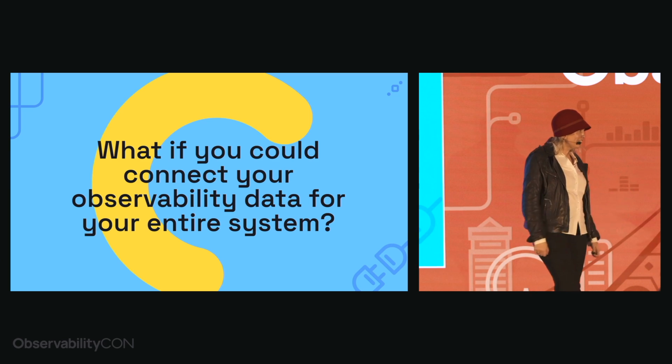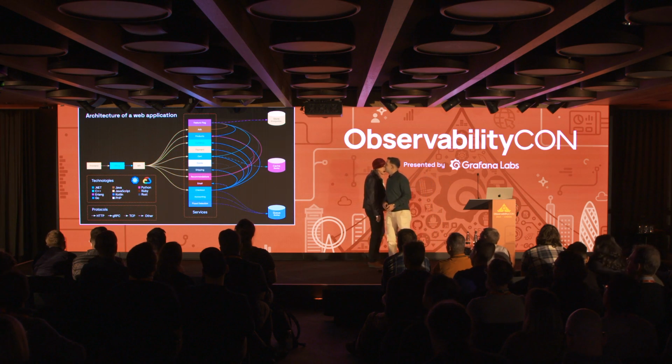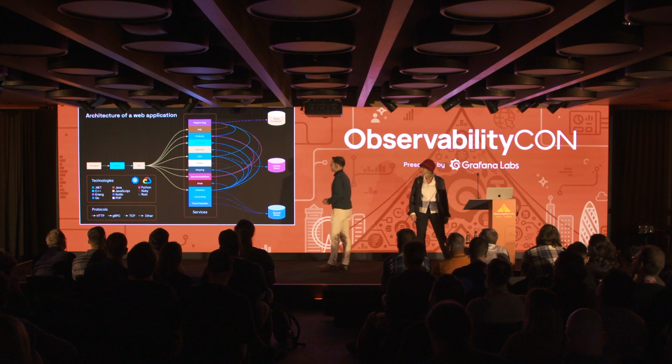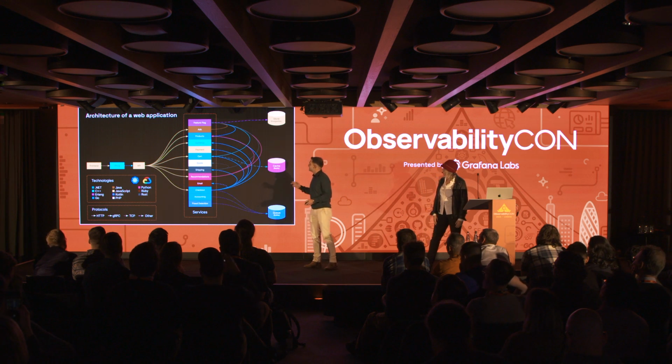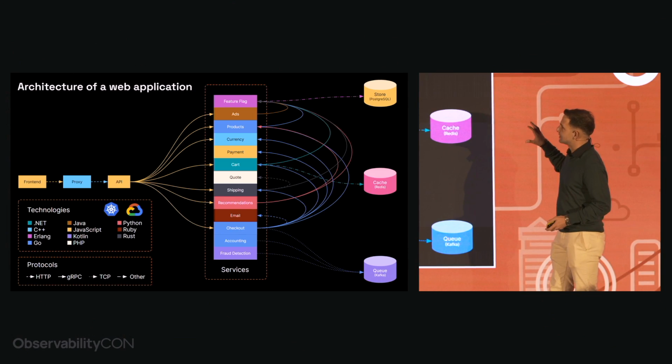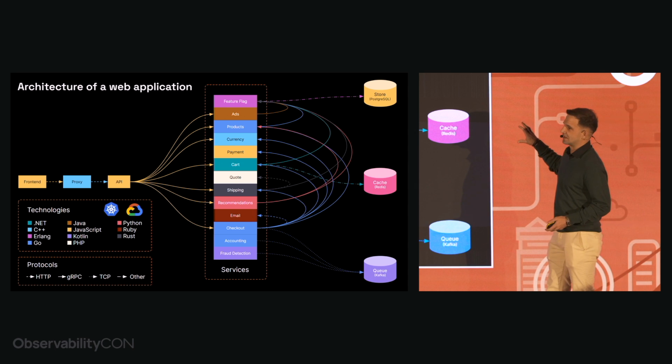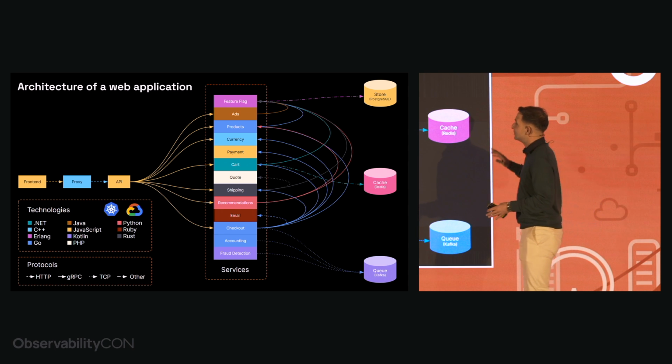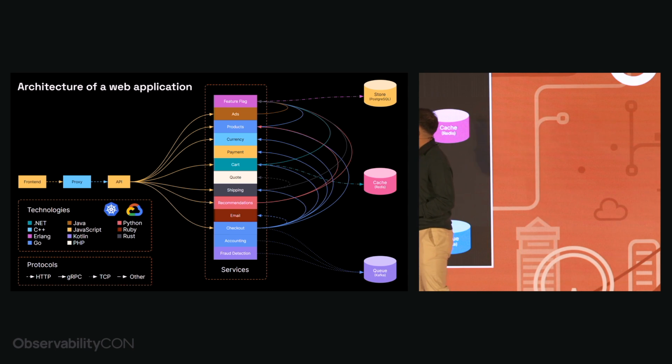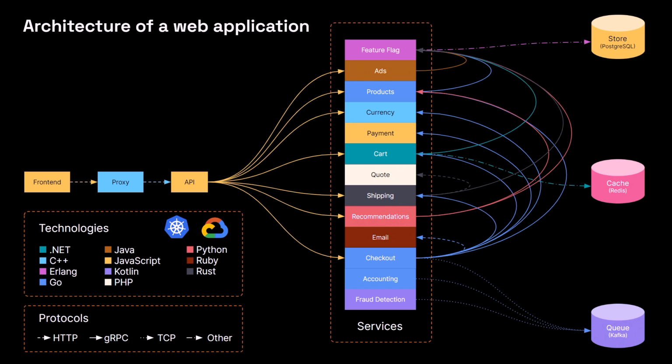Take it away, Bogdan. Okay, so let's look a little bit over this diagram. It's a mess, right? Well, this is how a modern shopping platform actually looks nowadays. We have tons of services. Some of them are client-facing, for example, the front-end service.